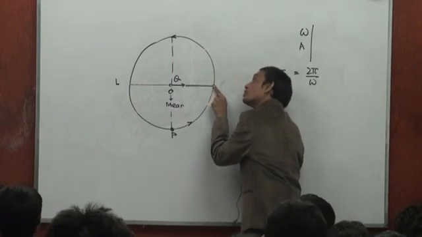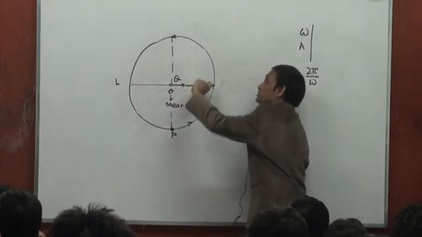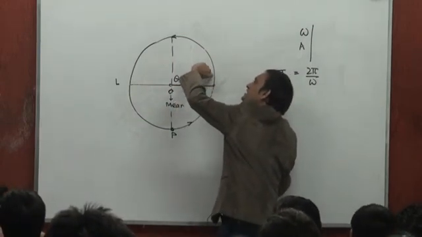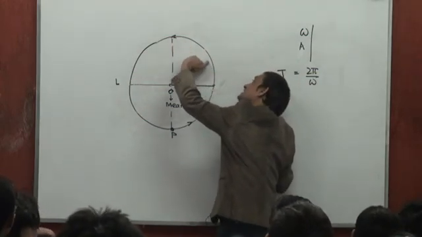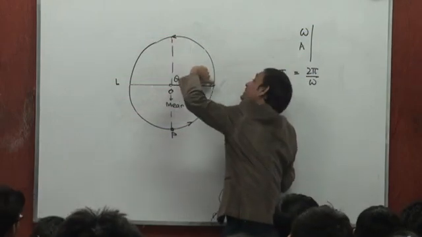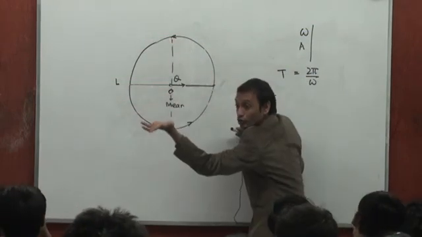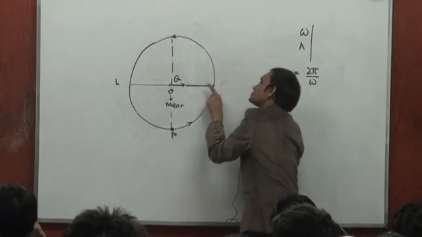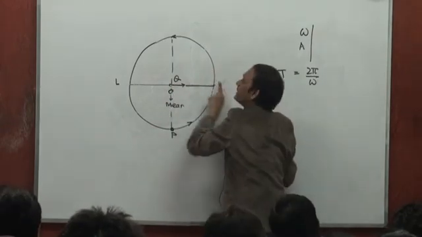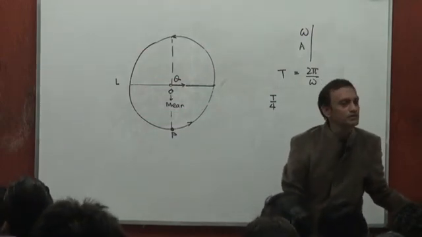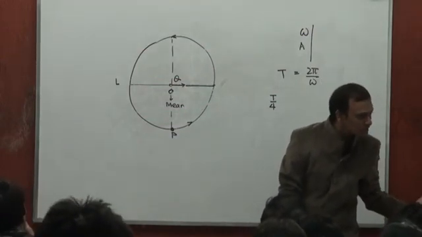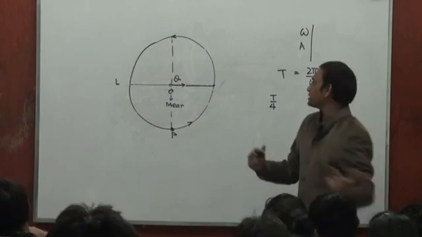Even when Q is going from the extremity to the mean position, P goes from this extremity to this upper end. That means it again describes a quarter of a circle and the time taken will still be T/4. So whether you go from the mean position to the extremity or the extremity to the mean position, the time taken is going to be 1/4 the time period of oscillation, right? That's an important result. That's 1/4 the time period of the oscillator.